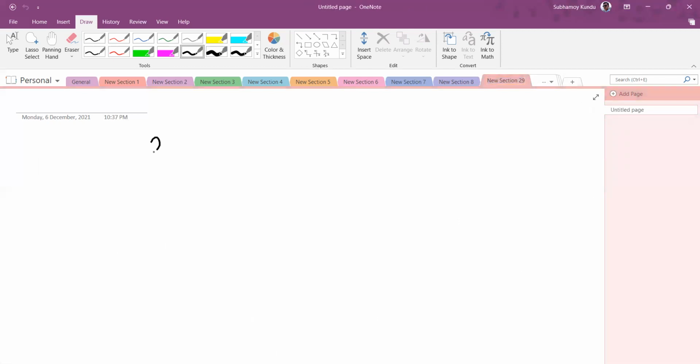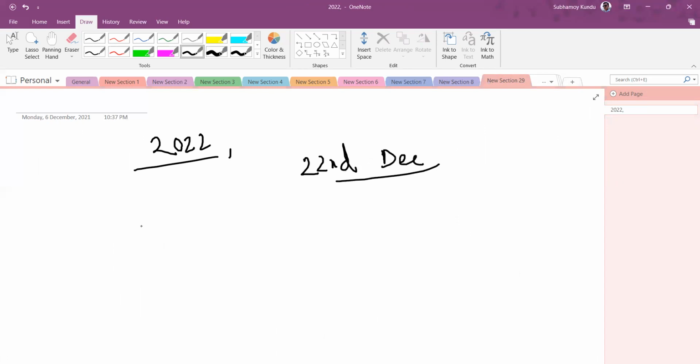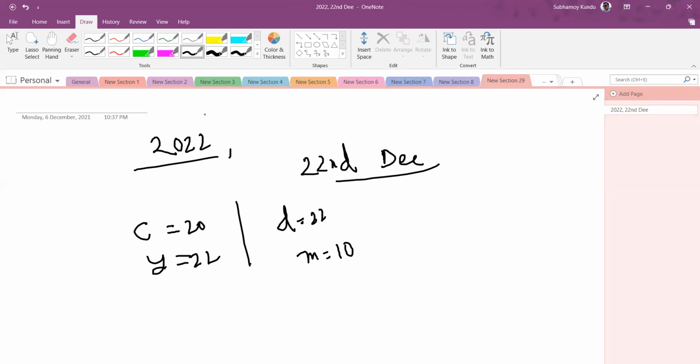Let's give it an example. If it is 22nd December 2022, what will be c? It is 20, y is 22, d is the date 22 as well, and m is 10. But if it is 22nd of February 2022, this is very interesting.